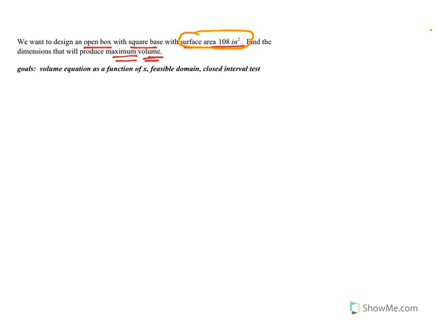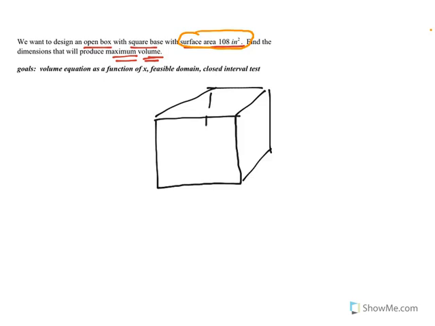Let's say we have an open box. The fact that it's an open box is kind of key, because by it being open, they're telling us that it doesn't have a top. So it only has a bottom. It's just an empty space. There's no lid on it, basically. They did say it's going to be a square base, so whatever the side lengths are, they're going to be the same, and then it's going to have a height.